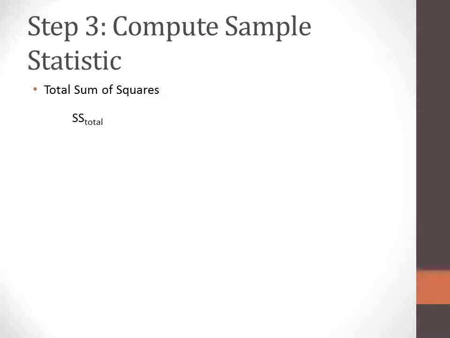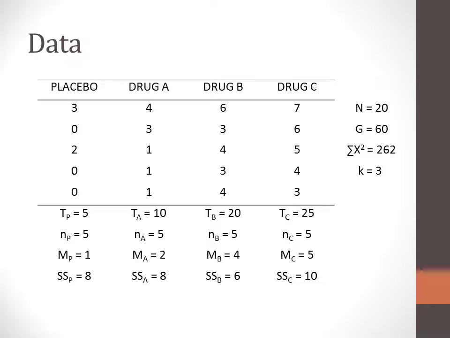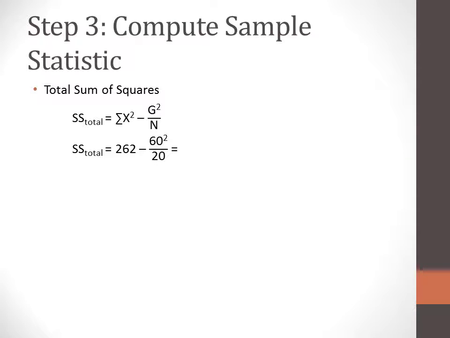The sums of squares total is equal to the sum of all the x values squared, subtracted by G squared over N. If you come over here, we have the sum of x squared already computed, we have our G already computed, and we have our N computed. All those values are in our data table that we did at the beginning of this example. And so there they are in red.